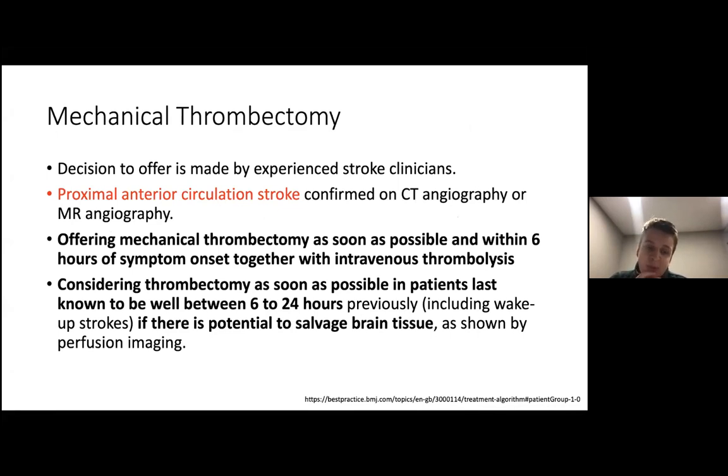So if it's a proximal anterior circulation stroke, PACS, confirmed on the scan, you can offer thrombectomy within 6 hours of onset, together with the thrombolysis. So consider thrombectomy as soon as possible in patients between 6 hours and a day, as there is a potential to salvage the brain tissue. So that's proximal.